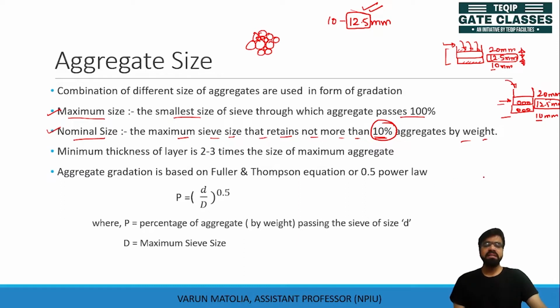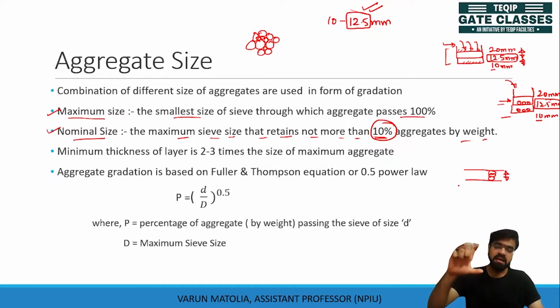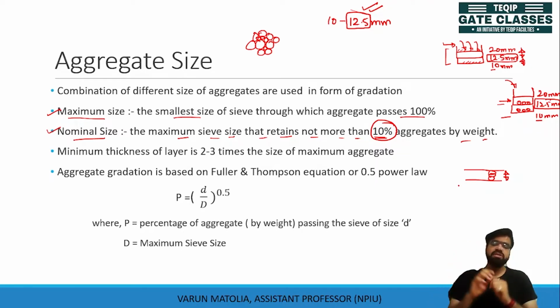We know that the pavement thickness or thickness of any layer depends on the size of the aggregate, and it is around 2 to 3 times the maximum size of the aggregate, which means in a layer, if maximum aggregate size is this, there will be only 2 to 3 aggregates present if they are placed in the layer consecutively.